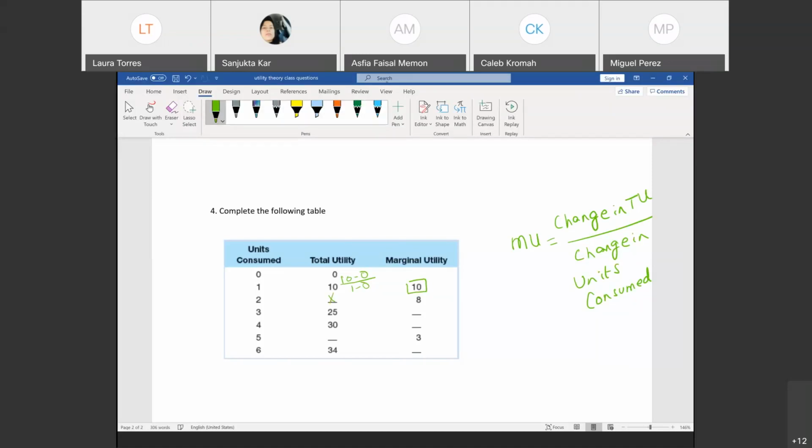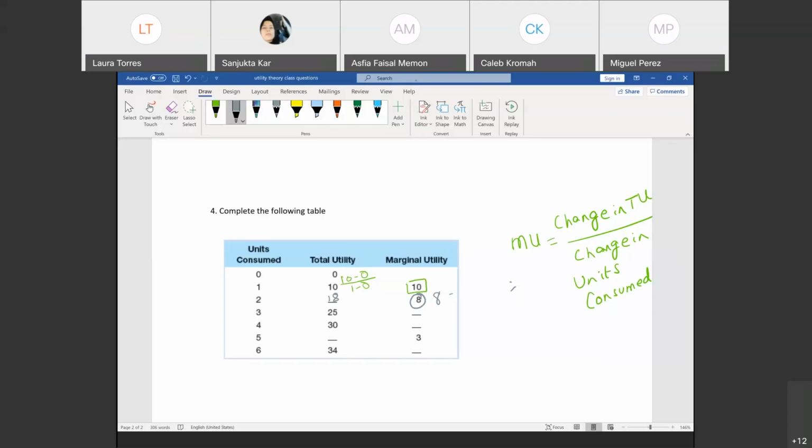Let's say this is x here. So how do you find this 8 here? 8 is equal to x minus 10. As you can see, the denominator is always equal to 1, so I will skip writing the denominator. Looks like my x is equal to 18, so I'm just going to write this one as 18.